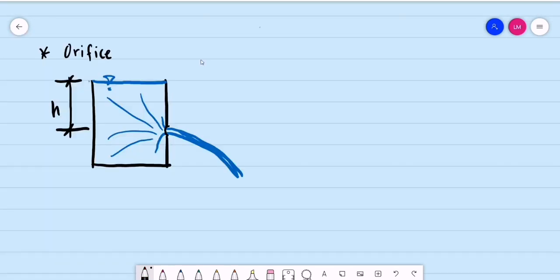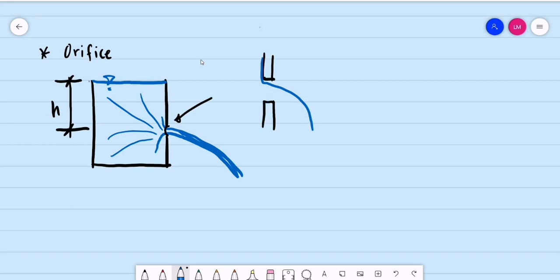So we proceed to orifice. We are to discuss or study the behavior of fluid or liquid coming out from an orifice or small holes. So for example, we have this orifice. If we observe what will happen to the liquid as it passes through the orifice, basically, the liquid will be contracted.